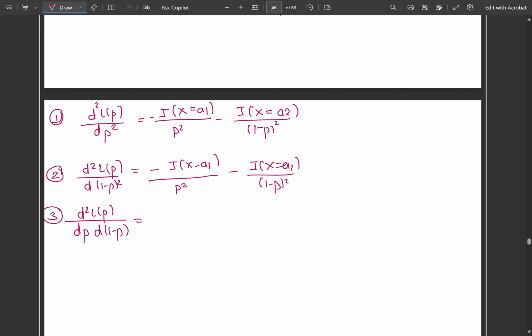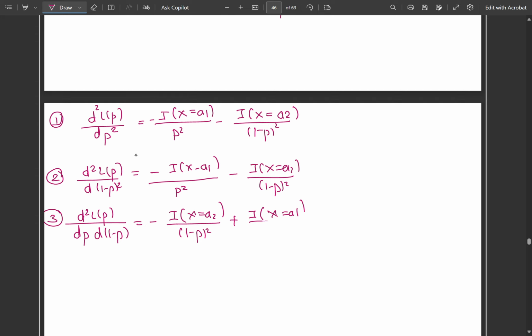Can you guess? Can you think for a few seconds? This should be equal to minus indicator x = a2 over 1 minus p squared plus indicator x = a1 over p squared.